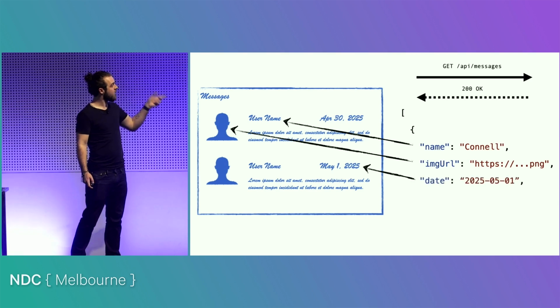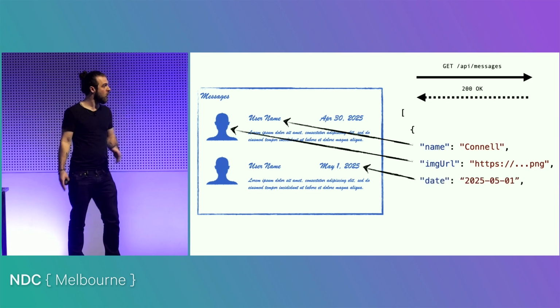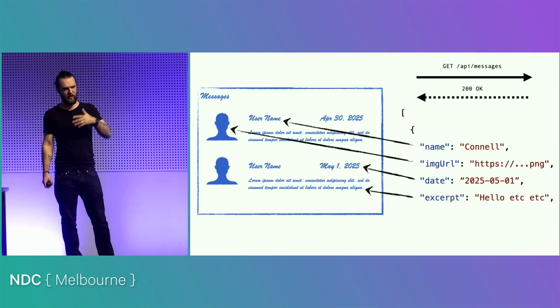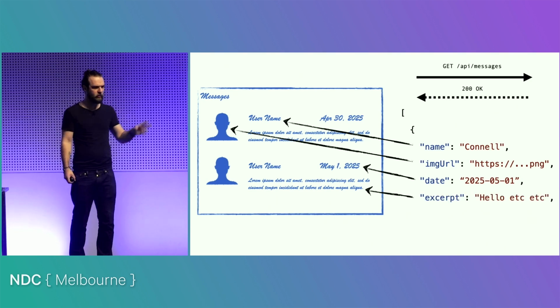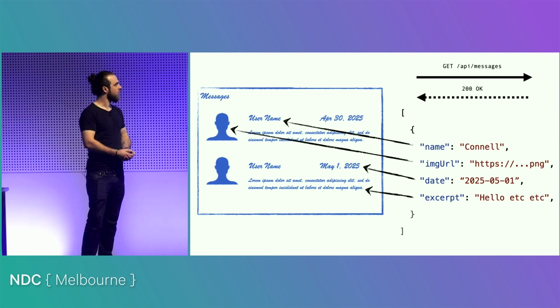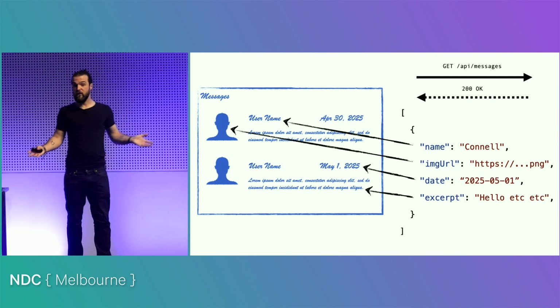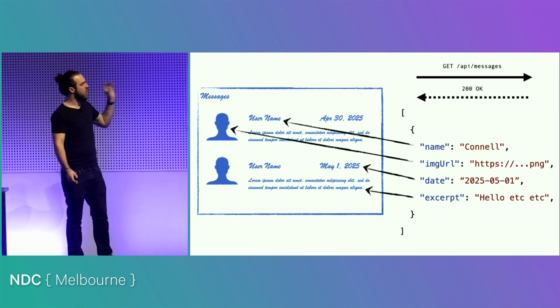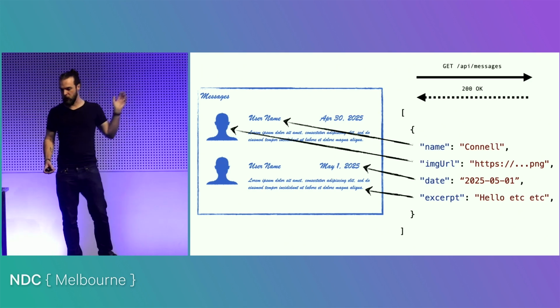Then we need the date, so we just use an ISO date format string in the JSON. And then this excerpt, which is like the first 100 characters truncated with a ... of the latest message. And that's it. That's all the information that we need. Well, actually, there's some IDs for some links, but those are the only things that are displayed on the page.